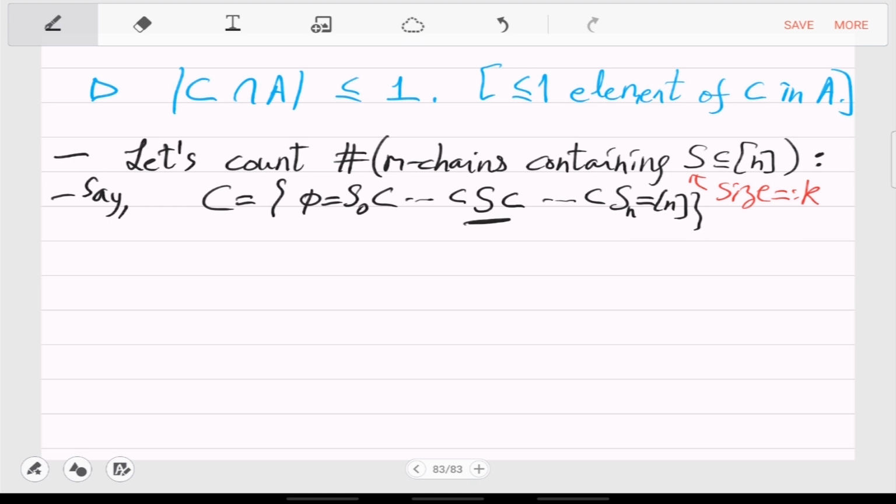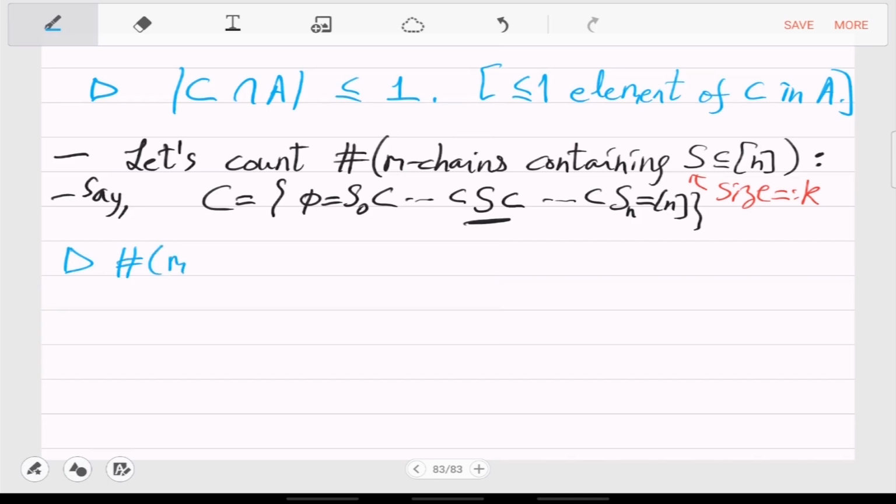All you can change is what comes before S and what comes after S. What comes before S is in bijection with, as was pointed out, permutations on k elements, so k factorial. And what comes after, there are these n minus k elements, and how you permute them exactly defines the sets that come after. So that's n minus k factorial. That is the count.